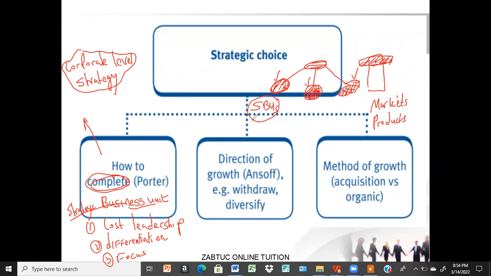So you decide on additional investment. Alternatively, you get rid of those businesses that are not generating enough profit, those that are not contributing well or do not match. We want to eliminate them.